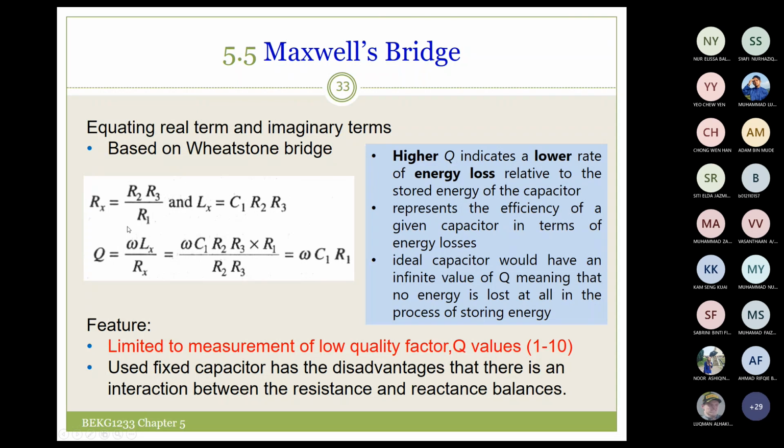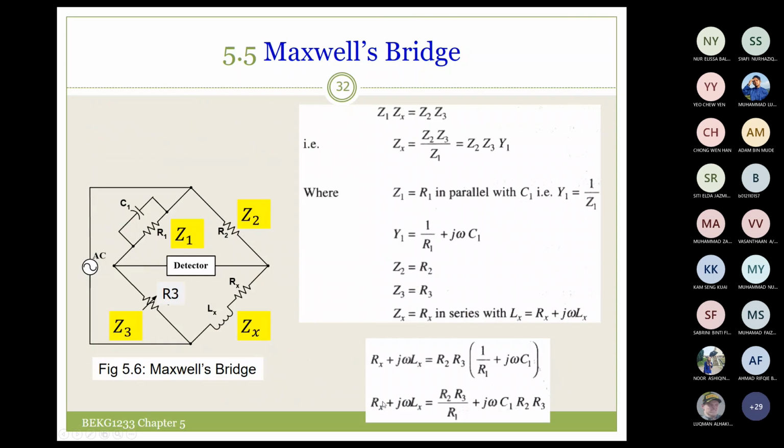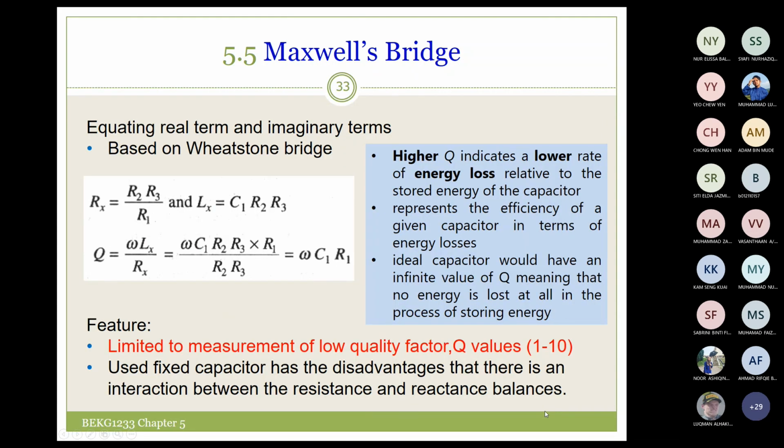In this equation, the real term is R2 R3 over R1, while the imaginary term is the one with j. So we know that Rx is equal to R2 R3 over R1, and Lx is C1 R2 multiplied with R3.